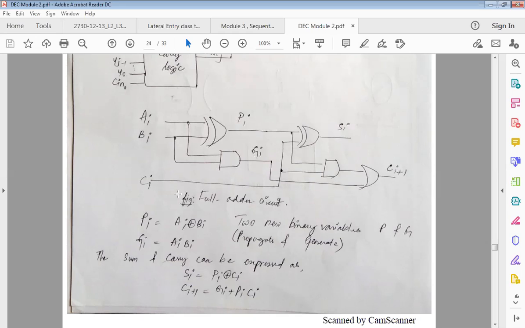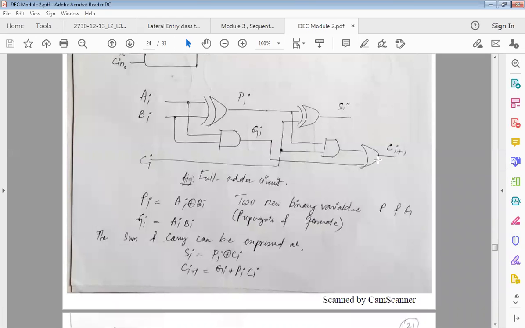You can see that Ci, or the initial carry, is actually given to the second stage XOR gate. This is the first stage and this is the second stage XOR gate. The same is also connected to an AND gate, and we are generating the next carry, which is Ci plus 1, the next level carry.